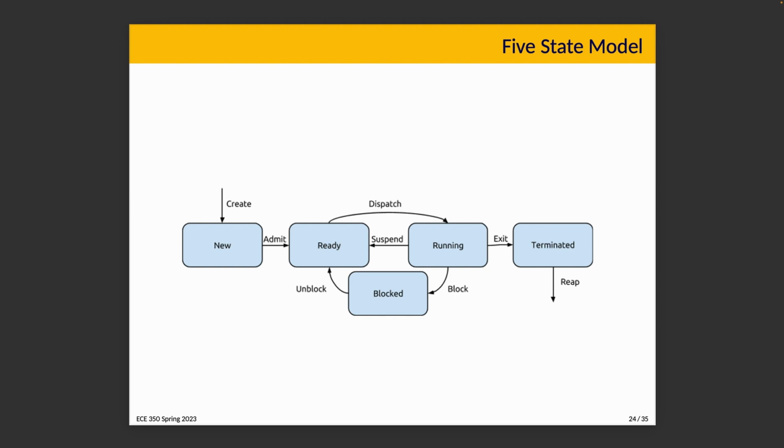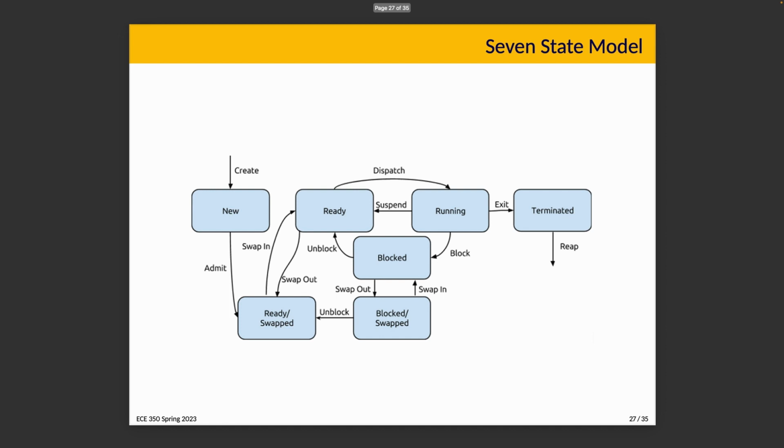When it's unblocked, it goes back to ready. But even a process that is not blocked could be suspended because it's just time for another process to have a turn, so it goes back to the ready state. We'll see some more about this when we actually talk about scheduling. And a process can exit at any time, so there are invisible transitions to terminated wherever we go in this diagram.